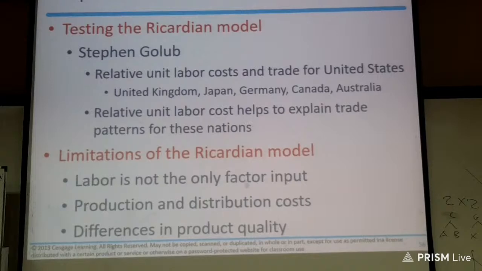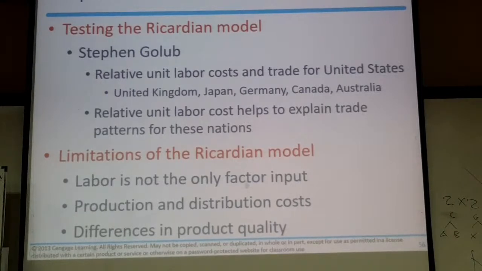So, Golub: relative unit labor cost and trade for the United States, United Kingdom, Japan, Germany, Canada, and Australia. Relative unit labor cost helps to explain the trade patterns of these nations. So, testing the Ricardian model, yes, we can use it as valid based on labor cost, where labor cost in the United States is much higher. However, there are limitations of the Ricardian model.